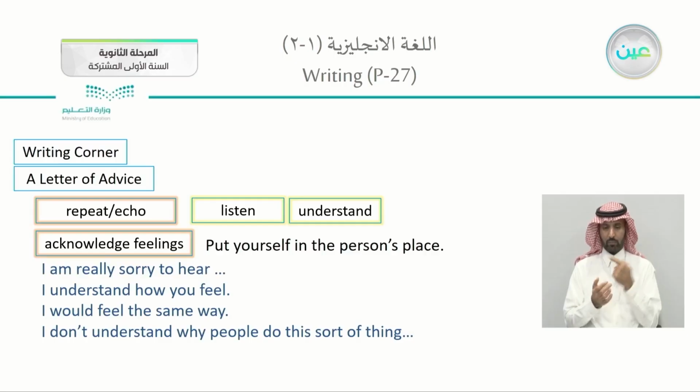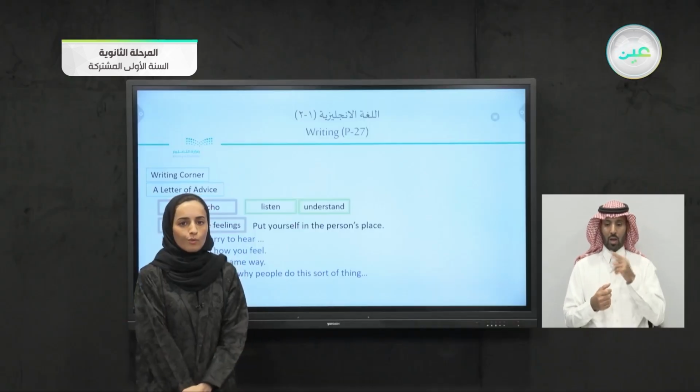You can say, I am really sorry to hear that you lost your phone. I understand how you feel. I would feel the same way if I were in your situation. I don't understand why people do this sort of thing. So give them the feeling that I feel you.